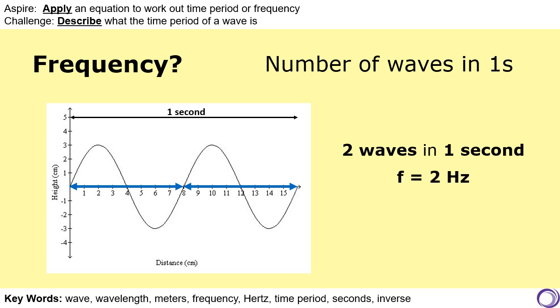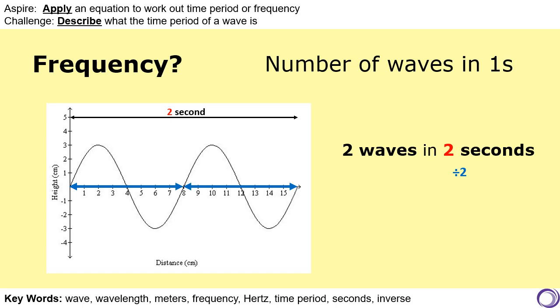Now, what if instead of 1 second, this actually represented 2 seconds? So in this case, we now have two waves, not in 1 second, but in 2 seconds. So how do we find the frequency? Well, if this is two waves in 2 seconds, we need to work out how many waves in 1 second. So we're going to divide the 2 seconds by 2, to get down to 1.